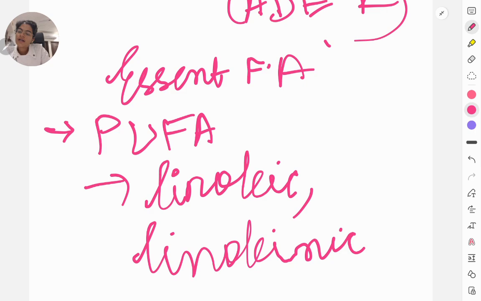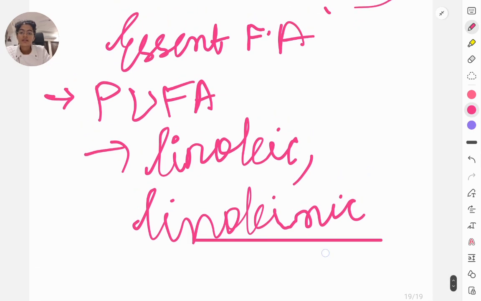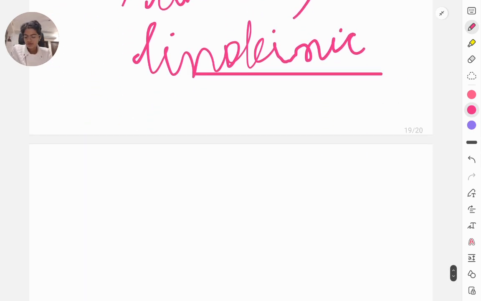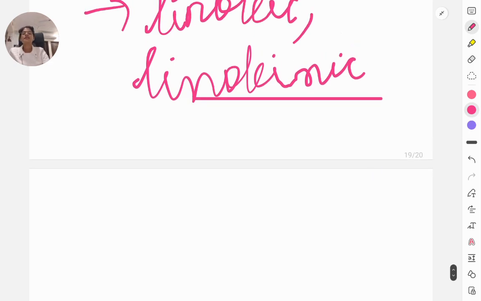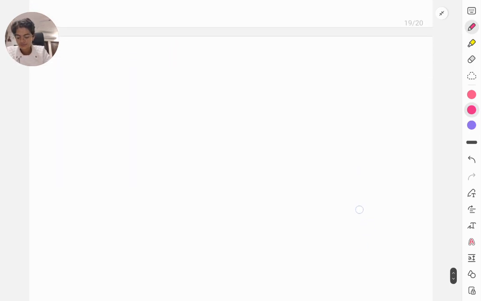Arachidonic fatty acid could be synthesized from linolenic, but we don't know to what extent. So some amount of arachidonic acid is also taken up by the diet.